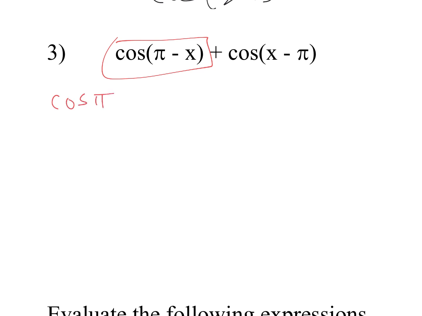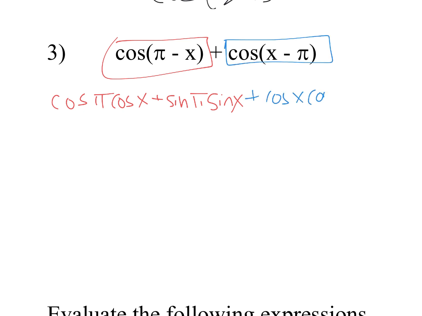So cosine of alpha times cosine of beta plus, remember the cosine angle addition rule switches, sine of alpha sine of beta, and then we do the same thing here, plus cosine of alpha cosine of beta plus sine of alpha sine of beta.